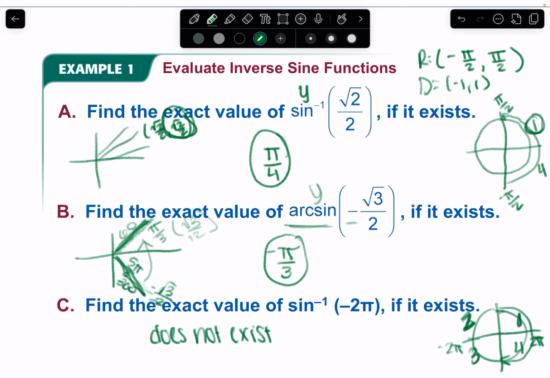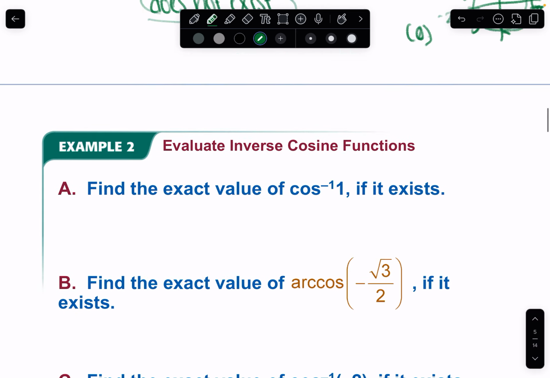Your y value at 2 pi is 0. So there's no y value on your unit circle at all anywhere that is equal to 2 pi. So that is your answer for inverse sine functions.